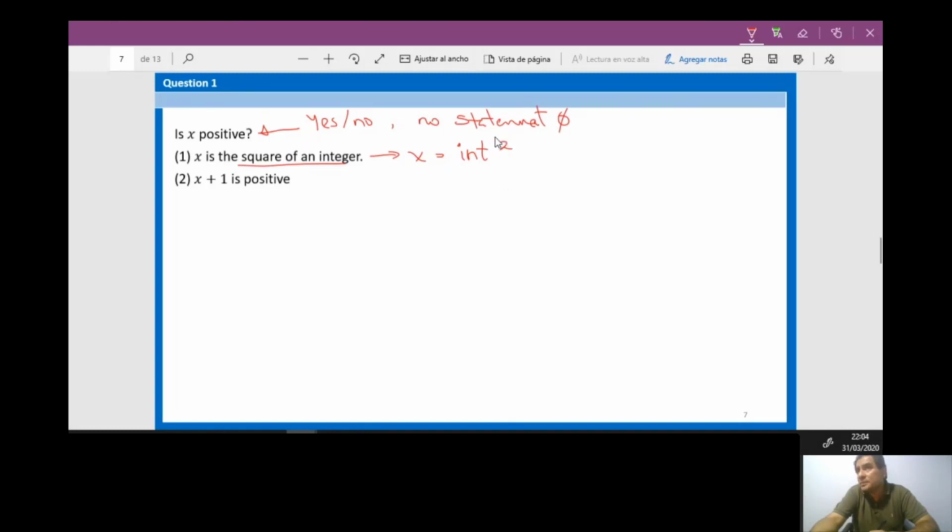Okay? 2 as an exponent of an integer. And the result of that, that means the power, is X. X is an integer up to 2, or the same to say integer times the same integer. Okay? And an integer, as we said before, is a number that has no decimal parts. So that is the first statement.